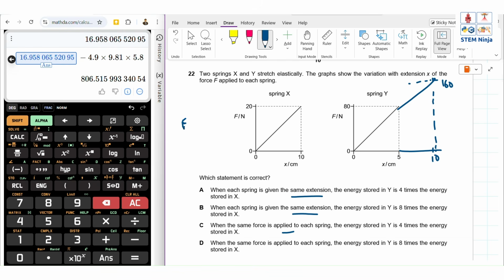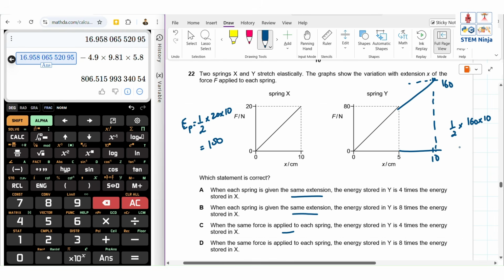So the energy EP is half Fx, half times by 20 times by 10, and half times by 160 times by 10. So this is 100, and this is 800. So if they're given the same extension, spring Y will store 8 times more energy than that. So B would be the correct answer.